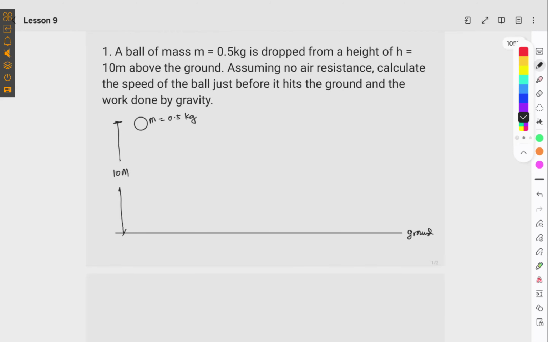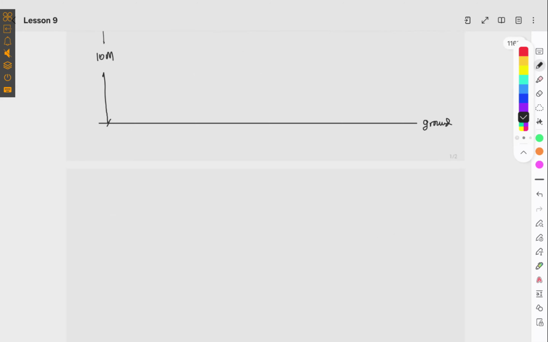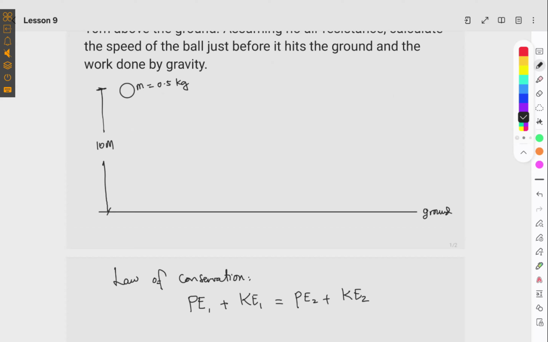So, based on the law of conservation of energy, the initial potential energy, let's call it potential energy 1, plus kinetic energy 1, is equal to potential energy 2 plus kinetic energy 2. That's what it simply means.